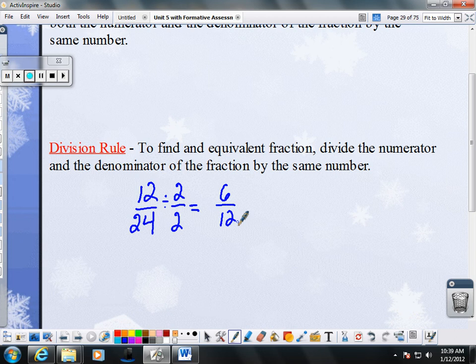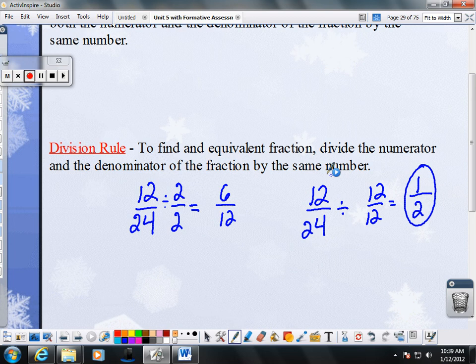We could have also, if we have 12/24, picked a different number. Let's say now, instead of dividing by 2, maybe I look at this and say, oh, I know 12 goes into 24, so I can divide both of these numbers by 12/12. And now my equivalent fraction is 12 divided by 12 is 1. 24 divided by 12 is 2.